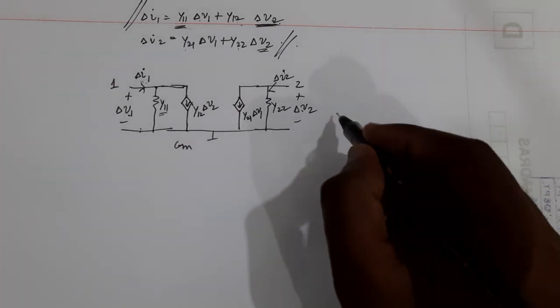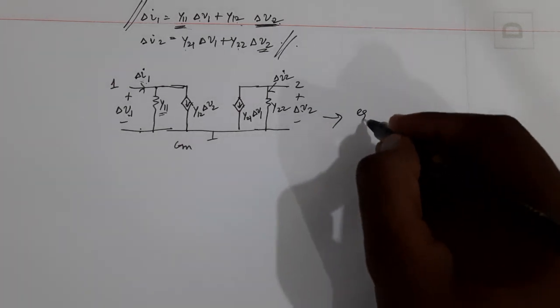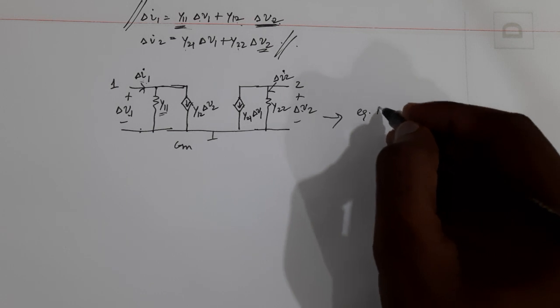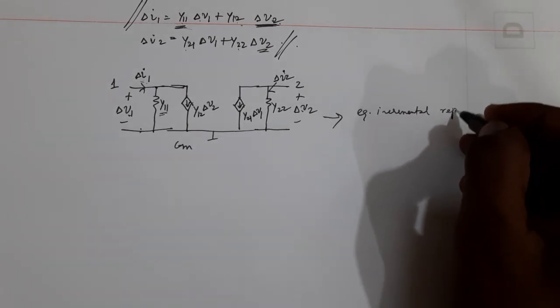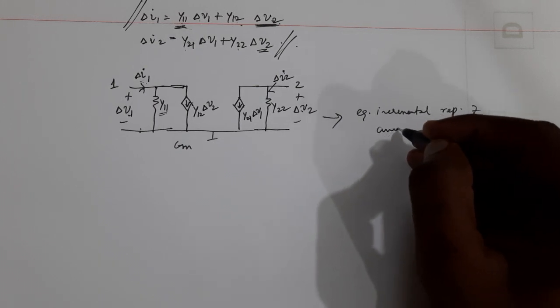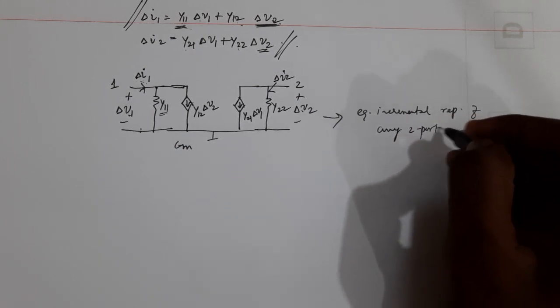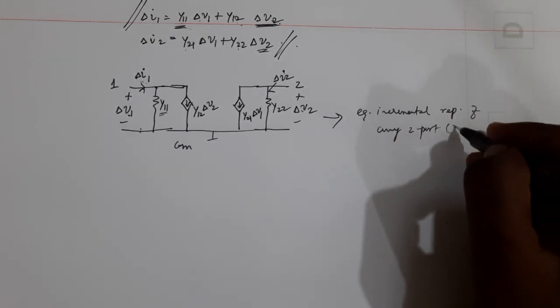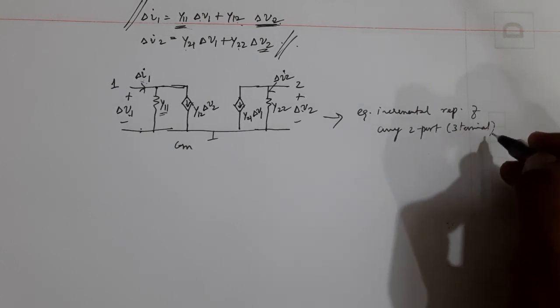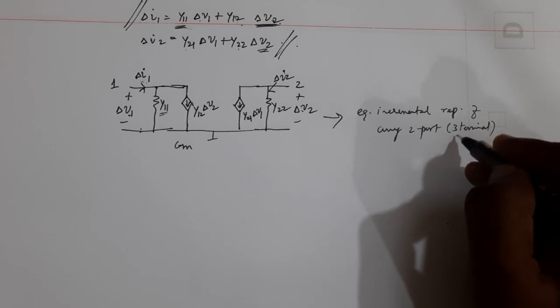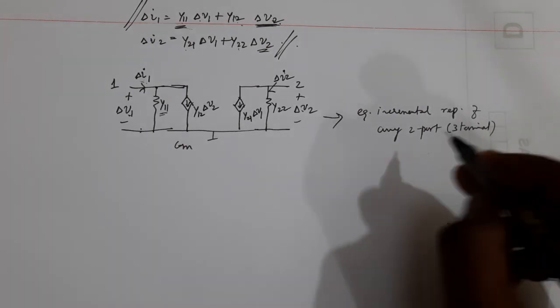Now this is the equivalent incremental representation of any two port, three terminal. We have assumed three terminal, that is why I am specifically mentioning three terminal.